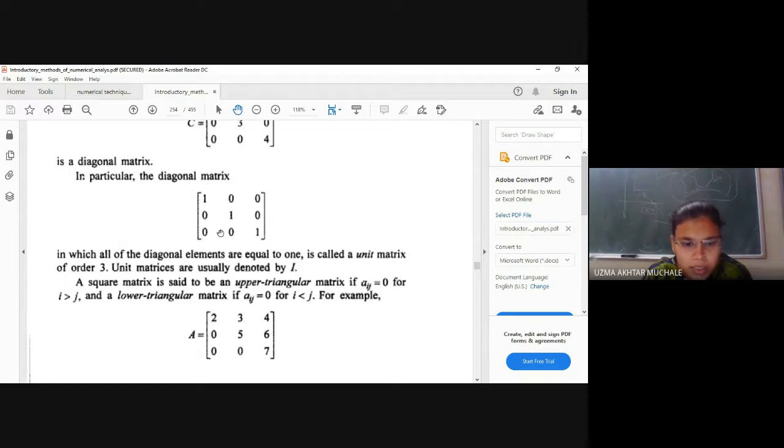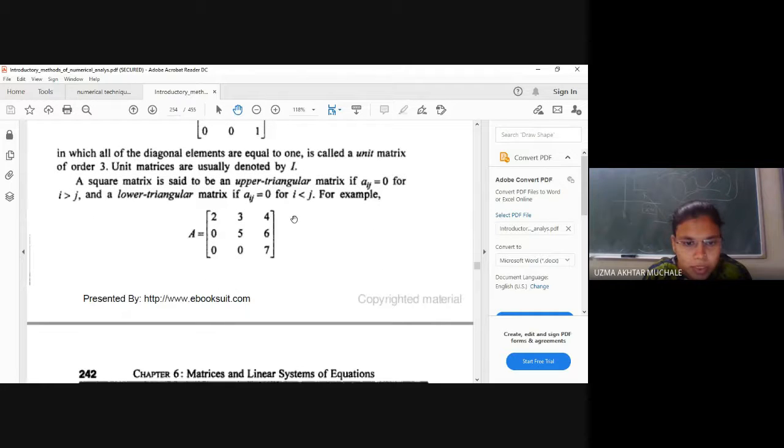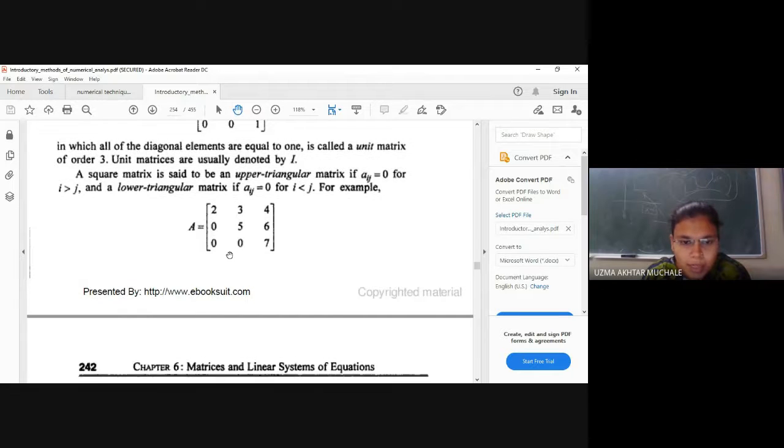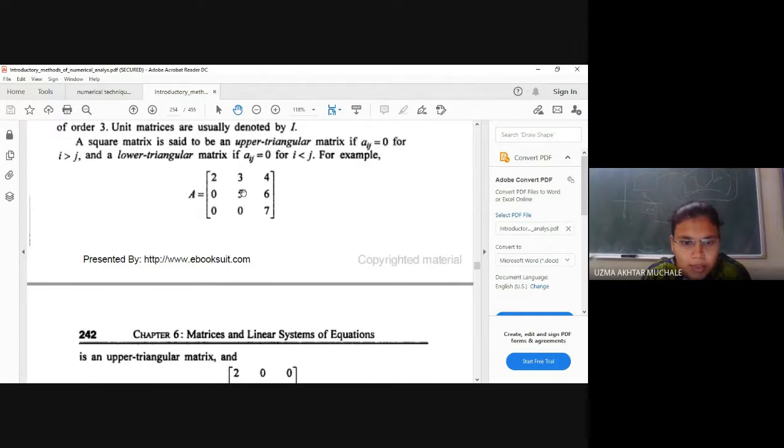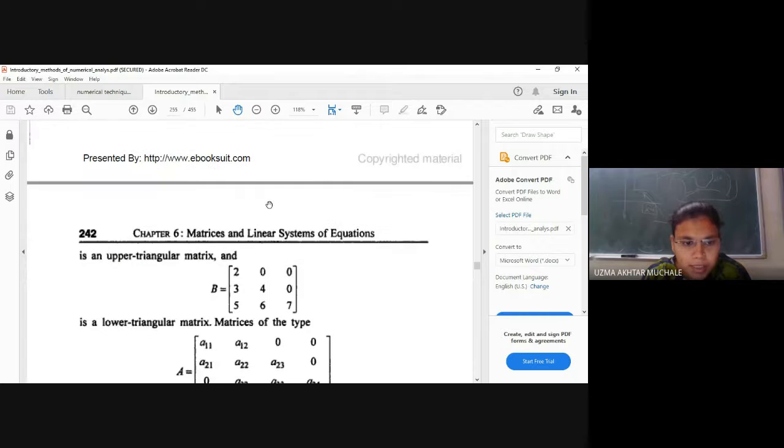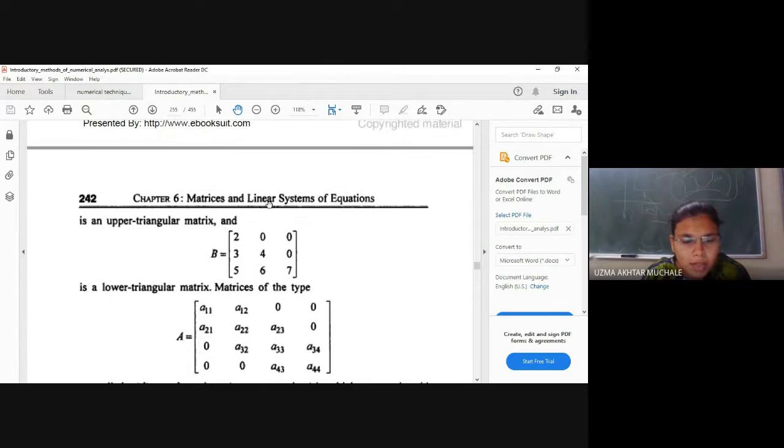Here, this matrix you are going to see is called upper triangular. Upper triangular means all the upper triangular entries are non-zero and the lower triangular entries are zero. What are these, 2, 5, 7? These are the diagonal elements, and 3 and 6 are the super diagonal elements. That means upper is upper triangular.